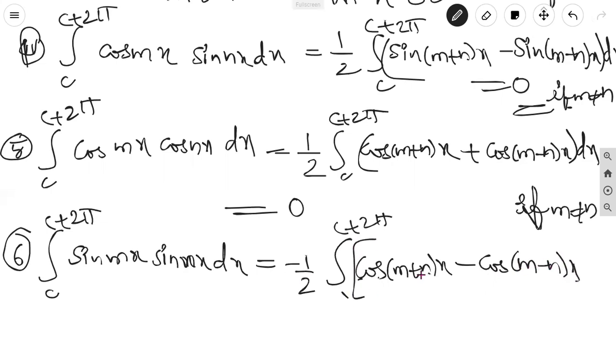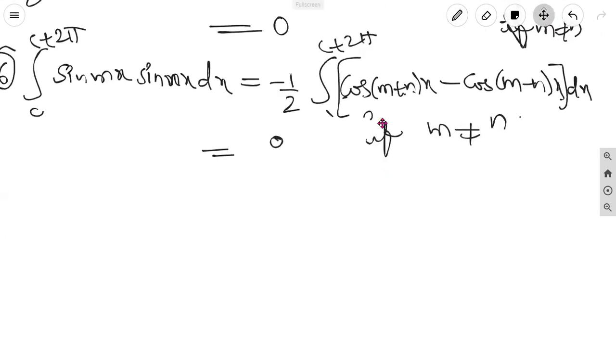Here minus means we take the first term as plus. In this case also we get 0 if m is not equal to n. Why? It is expressed in individual terms of cos, and when it is individual cos, the integration becomes 0.